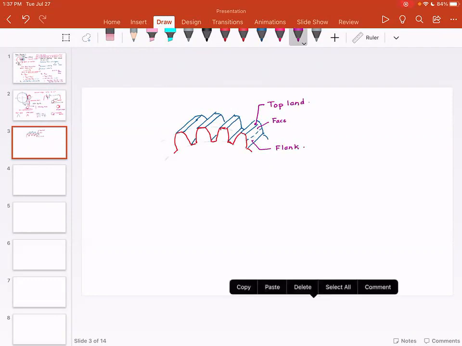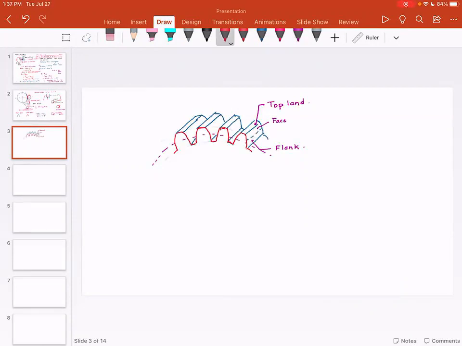Now, there are some important dimensions that we should talk about. If I were to replace the gear with an equivalent friction wheel, the diameter of that friction wheel is called the pitch circle diameter, or PCD.